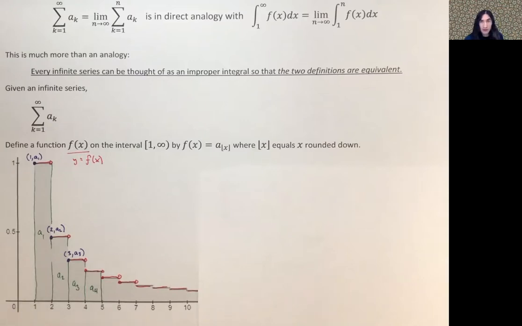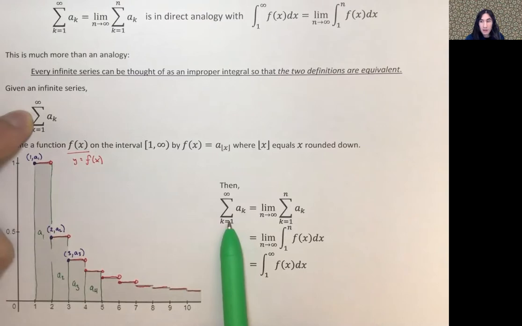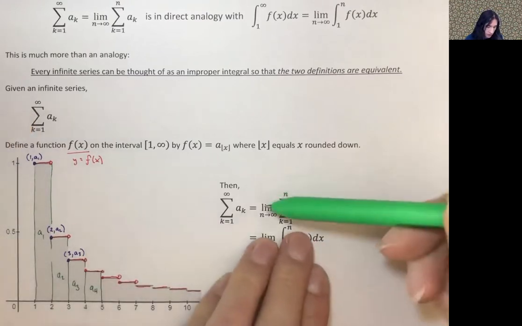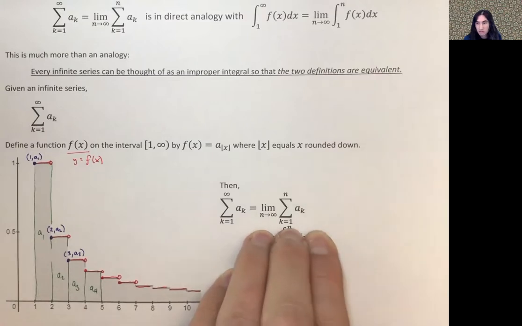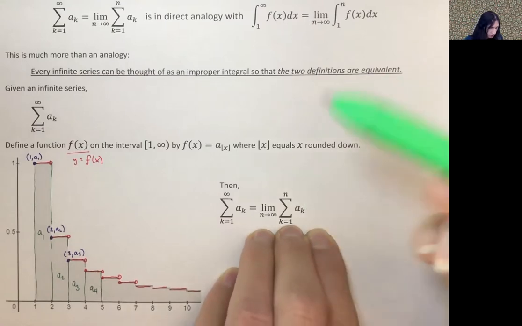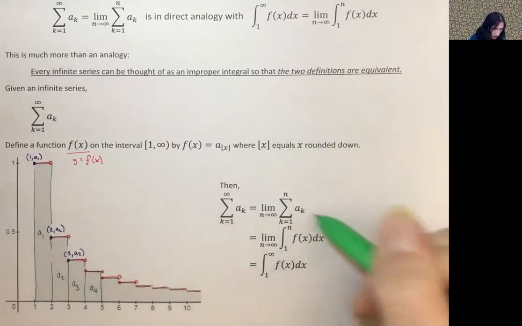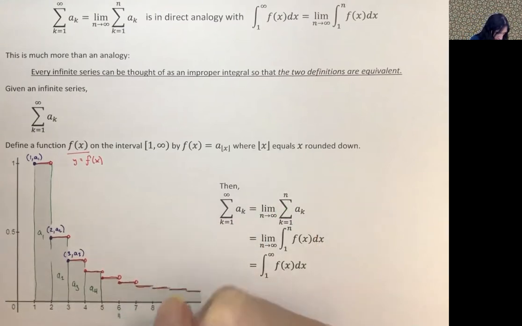So in fact, here is what we can say: the sum of my infinite series, the one we started with, by definition is the limit of the partial sums, right? So I haven't done anything special there. That's just our normal definition. But each one of the partial sums right here, for instance, say n is equal to 6.